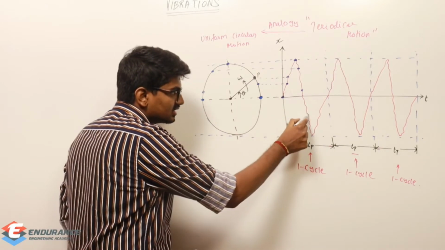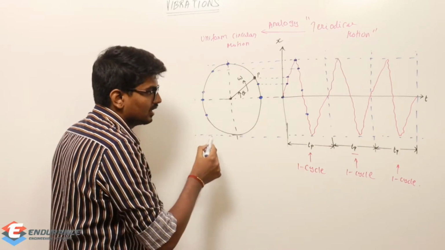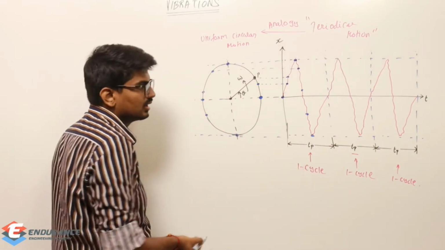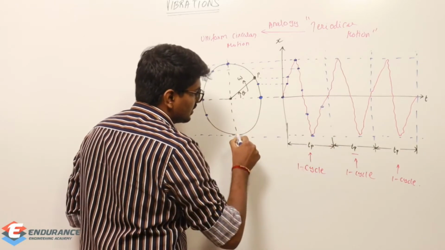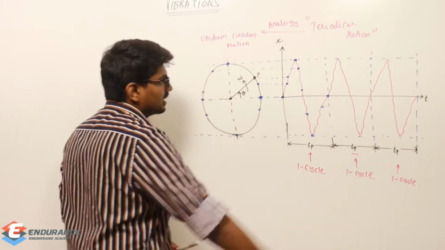You could see when the particle reaches here, the projection is going to be here. When the particle was here, it will increase and it will be here. And finally when it comes back to this position, the particle will be here.